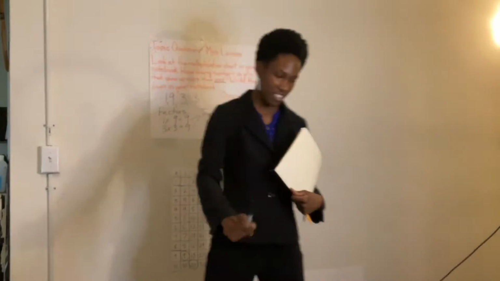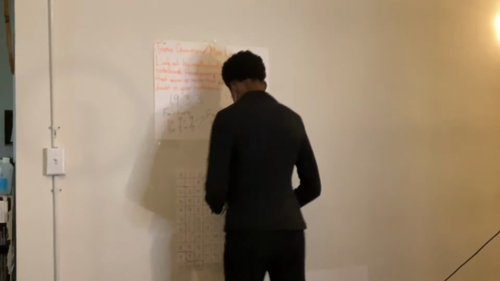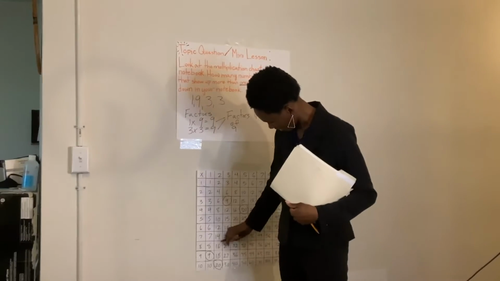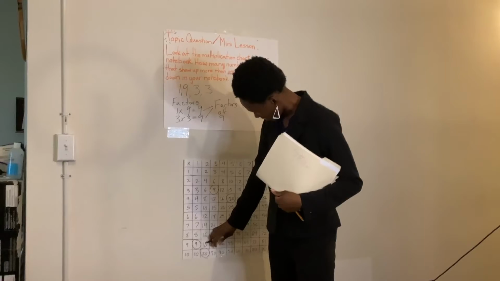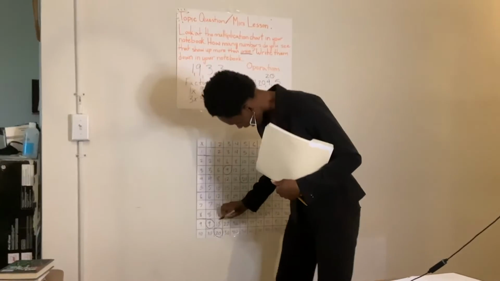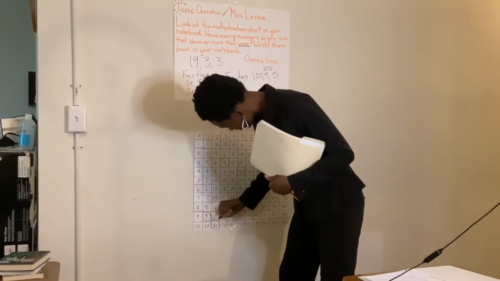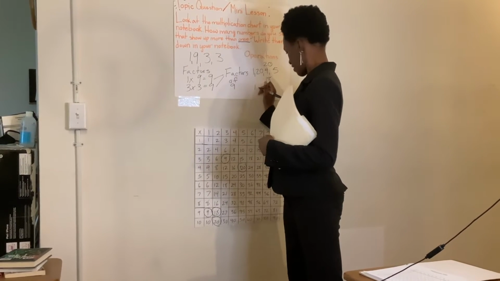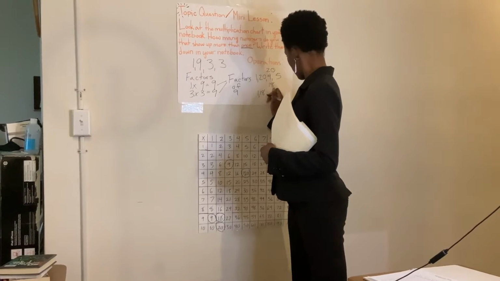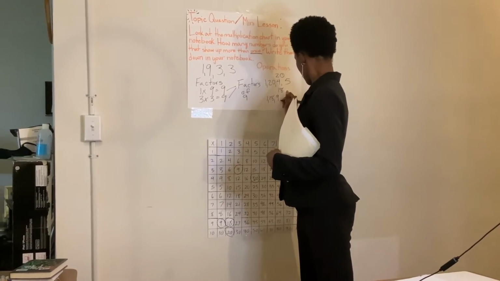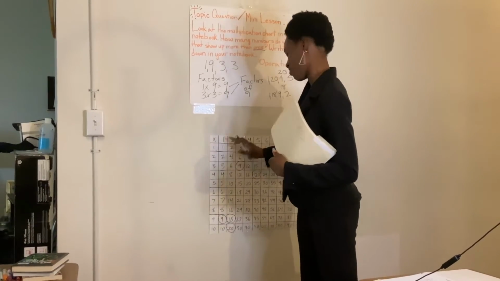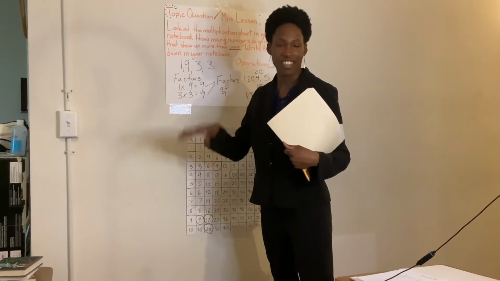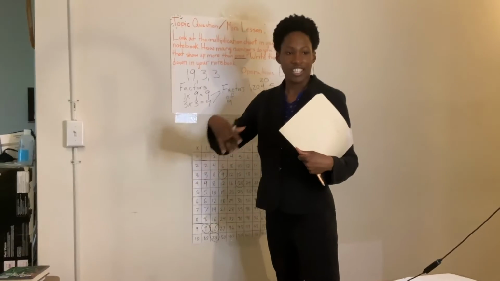I heard another student say over here that there are also factors of 18. Where's 18? We have 9 and 2. So 18 is right here. 1, 9. And obviously 1 and 18, that's not on the board, but we know that 18 times 1 is 18.